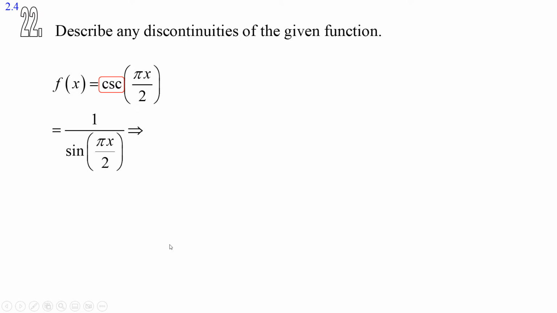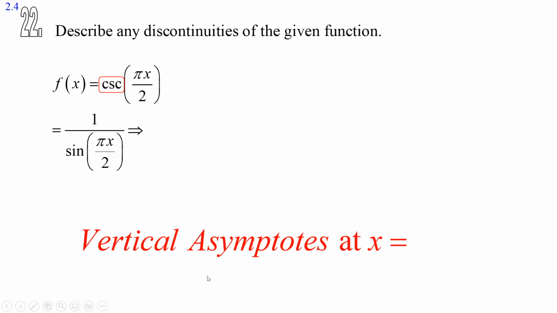And I also know that sine has an output of 0 at any multiple of pi. So that means vertical asymptotes at x equals, well, let's think about this now a second. Pi x over 2 cannot equal any multiple of pi, and I'm going to describe that with an n pi.